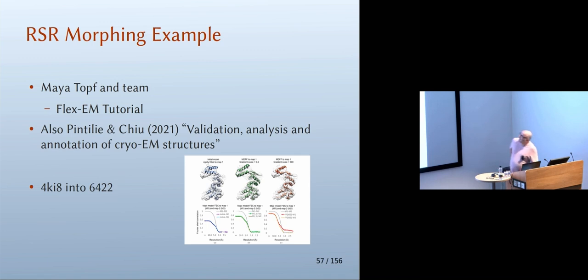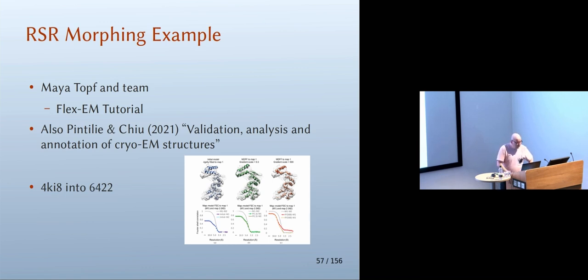There's another example here. Maya Topf and team wrote Flex-EM and wrote a tutorial for that, and Grzegorz Chojnowski and Paul wrote a paper more recently that uses the same structure.